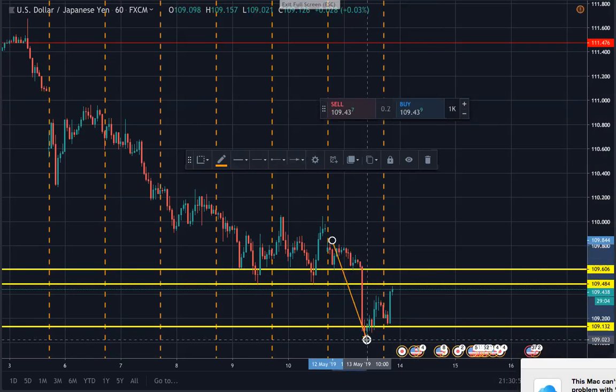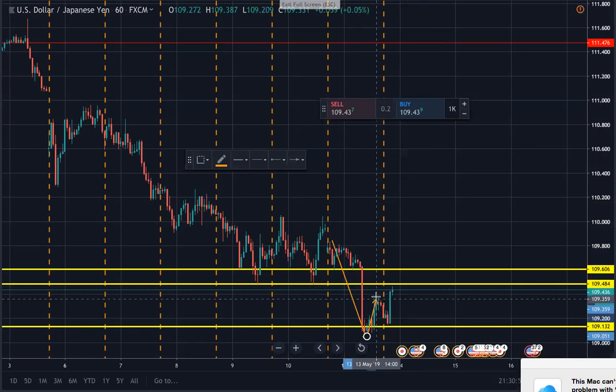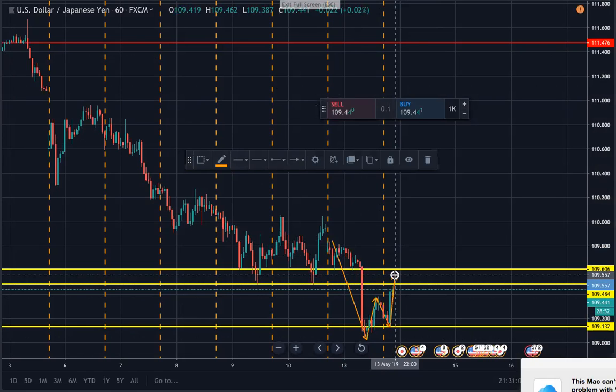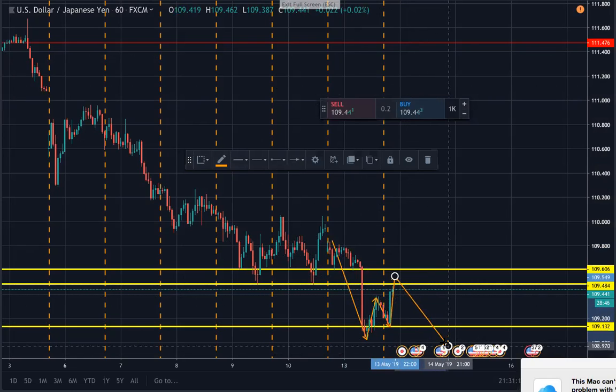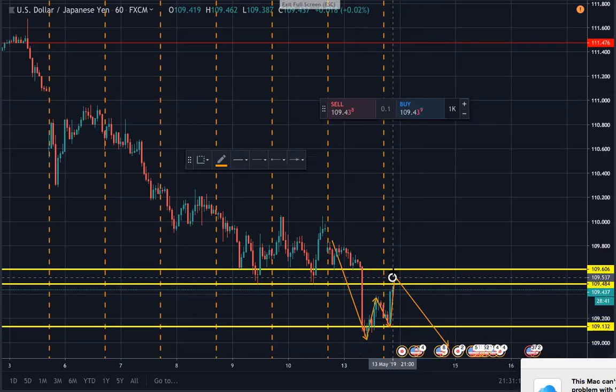Because it tapped the line of resistance twice, see, it made a W formation, and more likely it will hit around this area and maybe reject again. That's how I feel. But right now it looks like it could be a reversal pattern. It could either do that, or it could continue to go up.